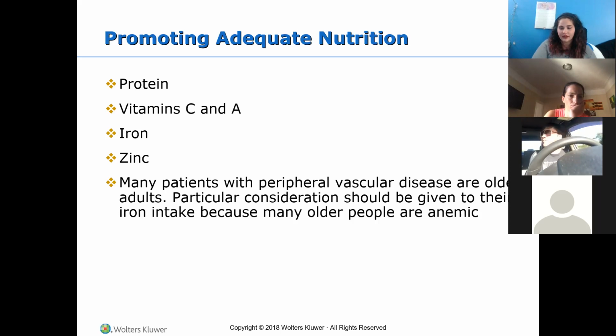Making sure they're treated for anemia is important because anemia messes with the red blood cells' ability to transfer nutrition and oxygen to the body. So that's very important to make sure it's being handled properly.